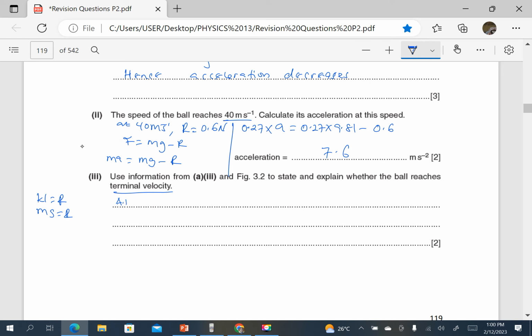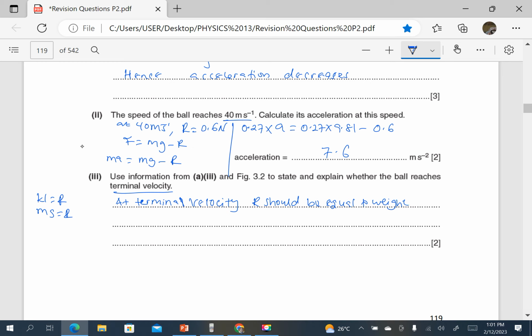At terminal velocity, R should be equal to the weight because the resultant force is 0.